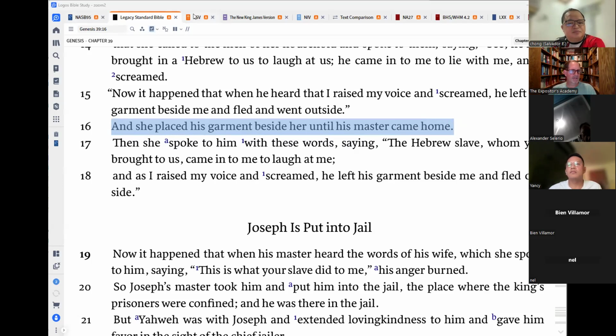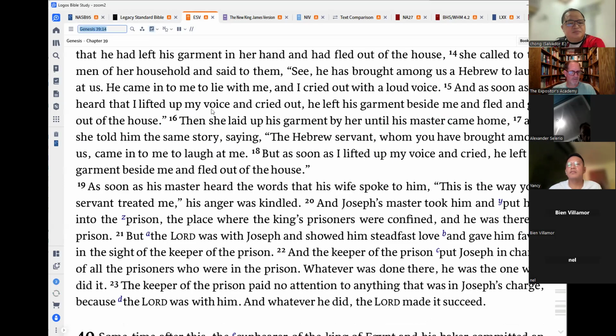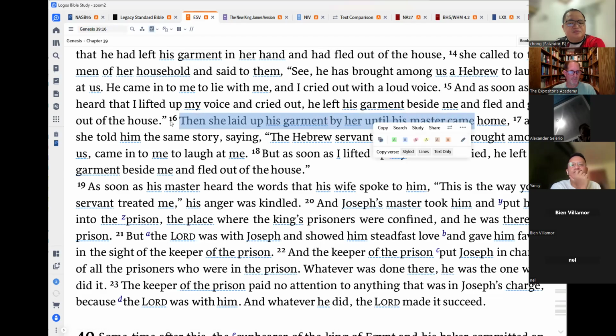But let me see how the others break it down. Yeah, I guess here, it kind of sounds like the way the ESV has it. She laid up his garment by her until his master came home, and she told him the same story, saying. So here it's almost like they just combined 16 and 17.